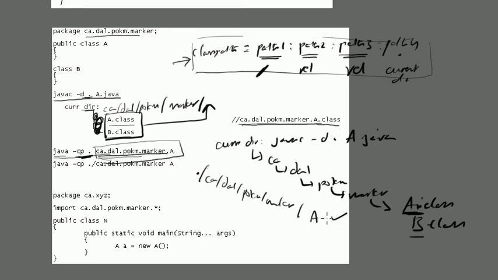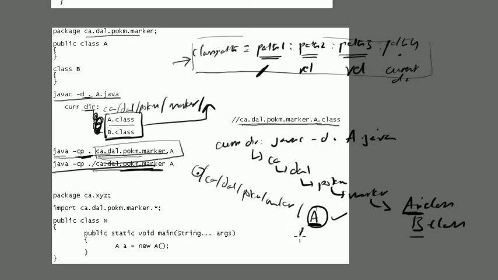Okay, so this works, because that's what the fully qualified name of A is. Okay, now in this case, you're right here, and then you're saying the class path is up to the marker.